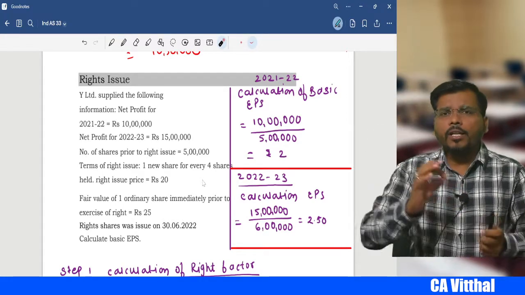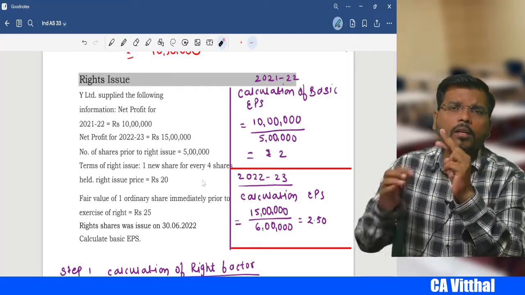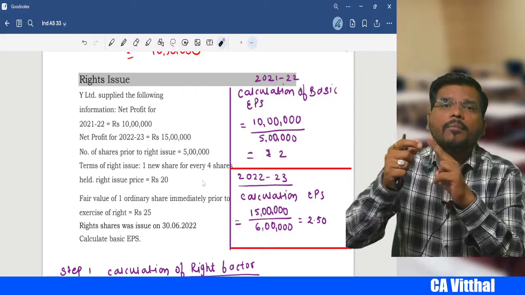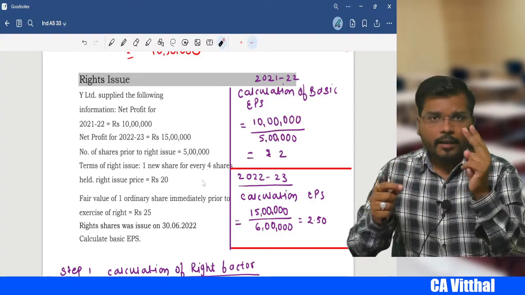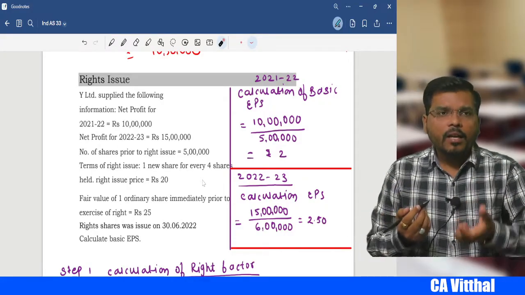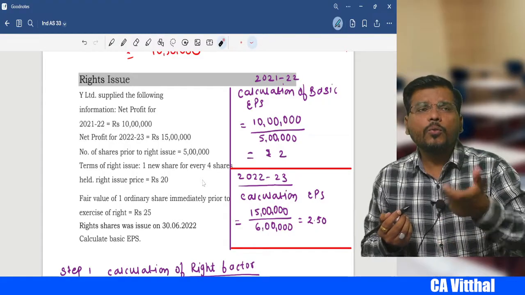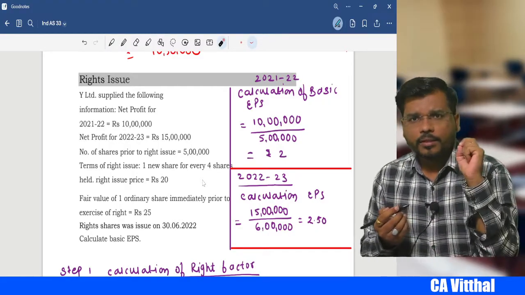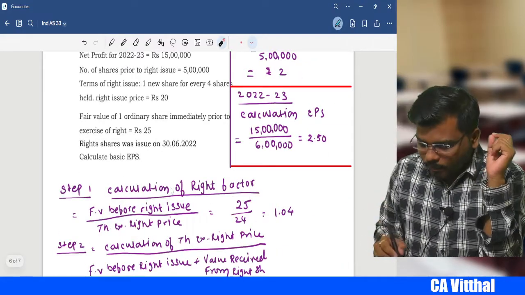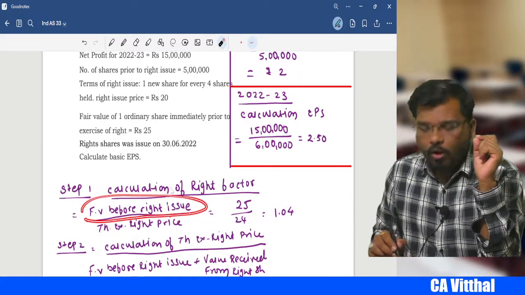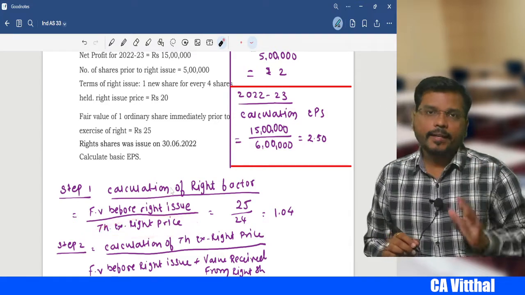Always remember, whenever rights shares are there in the question, you need to calculate two things. Number one, the rights factor, and number two, the theoretical ex-rights price. Rights factor, why do we calculate it? We calculate the rights factor to know the component of bonus. So how to calculate the rights factor? The rights factor is nothing but the fair value of the shares before the rights issue divided by the theoretical ex-rights price.